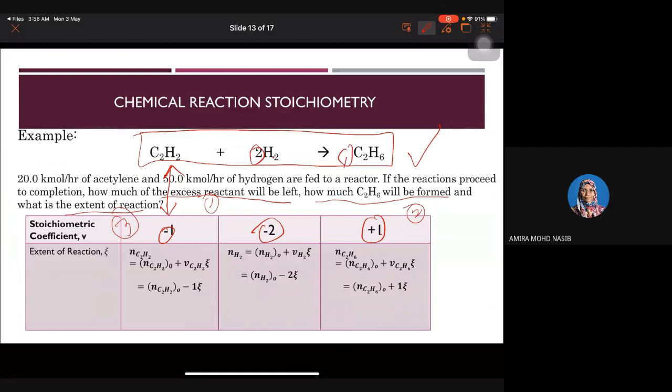Why positive? Because it's going to be produced in the reaction.